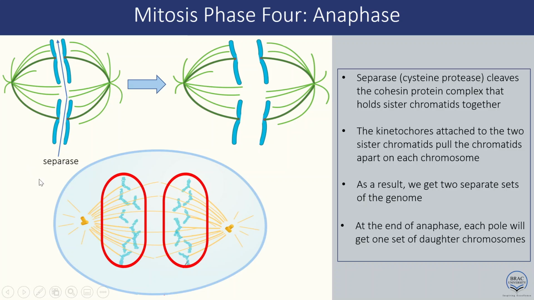But just know that separase mainly cleaves the cohesion proteins so that the chromatids can segregate. So in this anaphase, the sister chromatids are separated in half, and also in the anaphase the cell elongates to actually produce two cells. We'll see that.